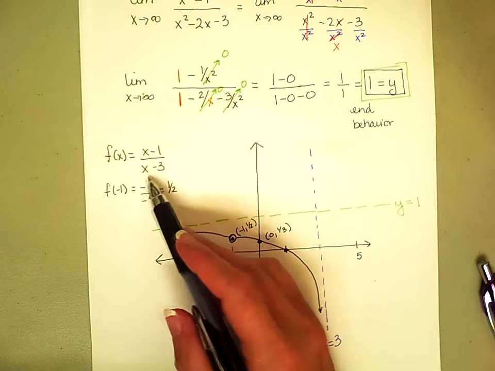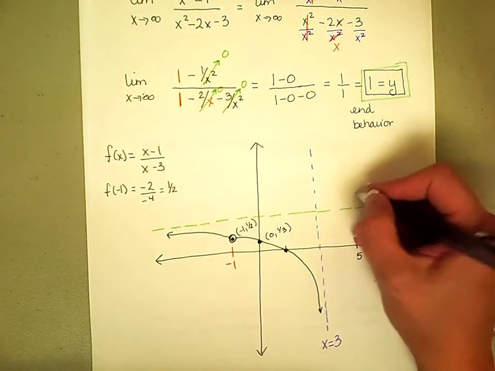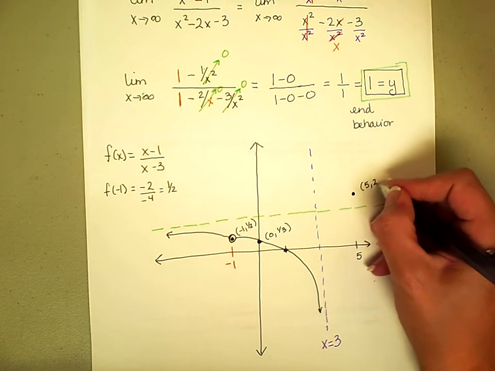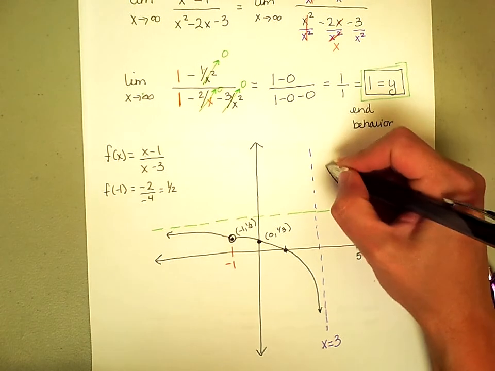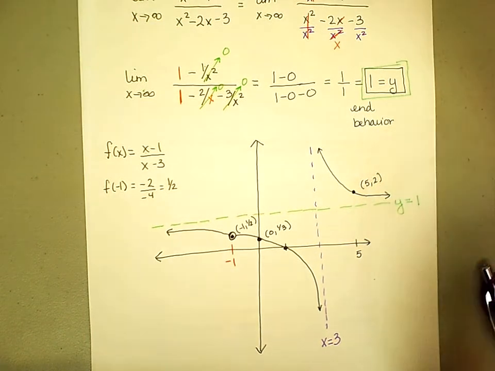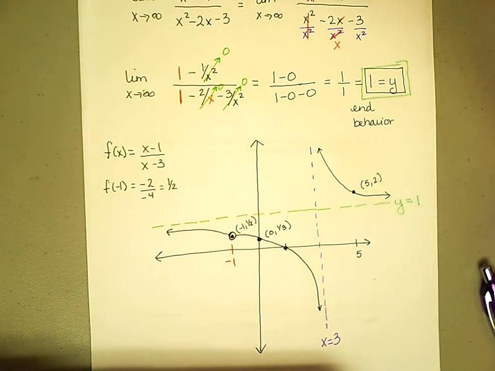I don't care. Then 5 minus 1 is 4. 4 divided by 2 is 2. So we get the point (5, 2). And so our graph would look like that.